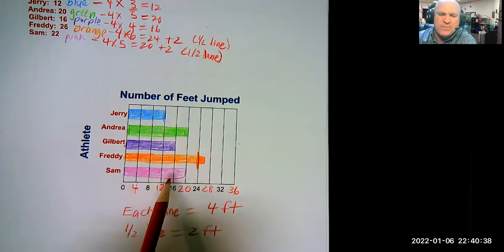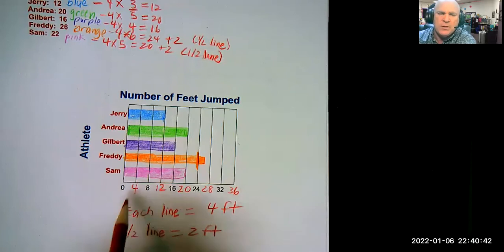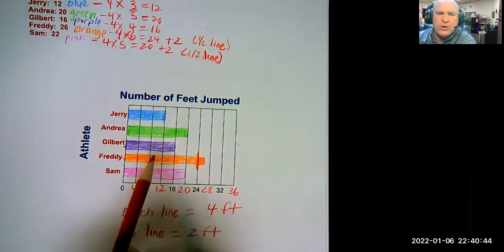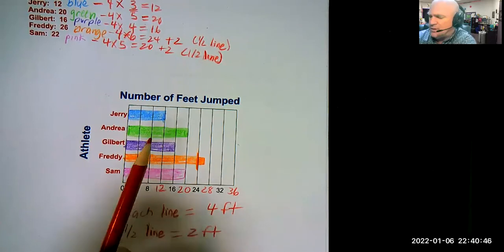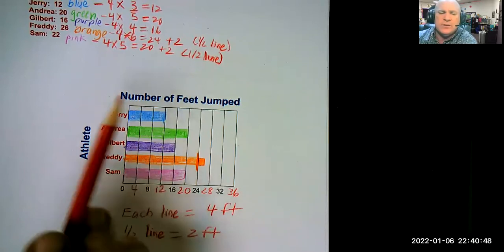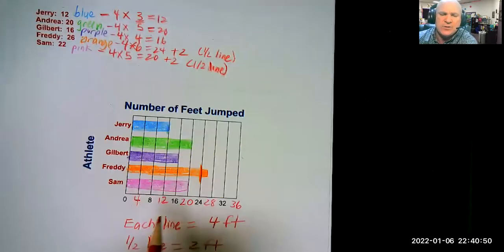So the first step that your kids need to do when they're trying to determine how to draw a bar graph or interpret one is to look and see how the lines are set up.